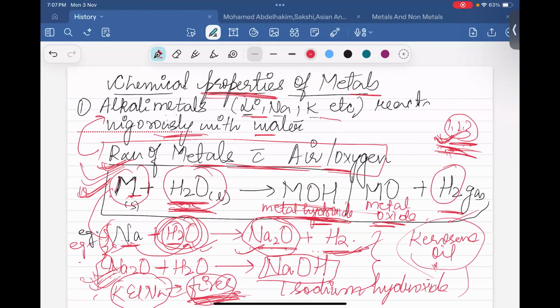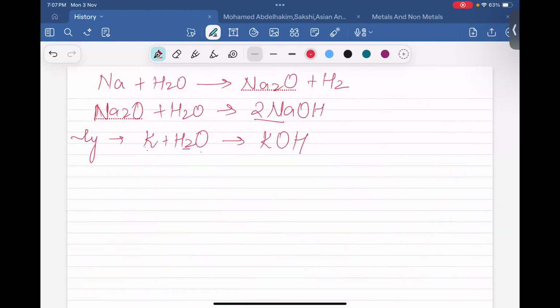When potassium reacts with water, they again form metal hydroxide, that is KOH. This hydrogen is released. Hydrogen is a gas.